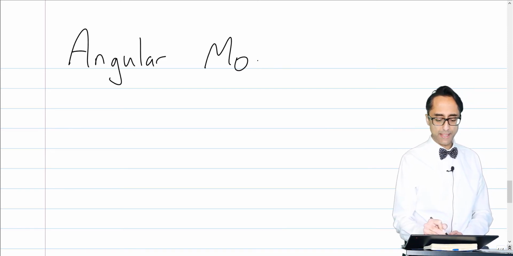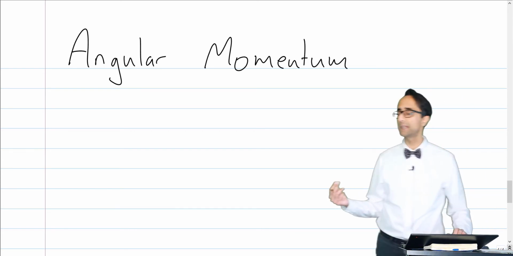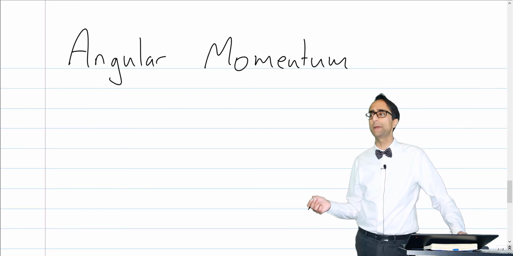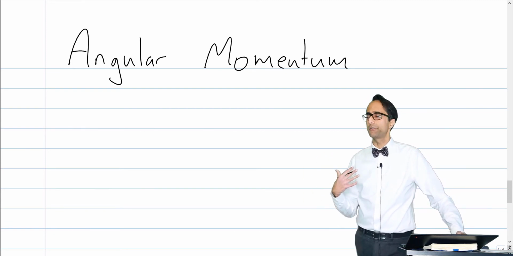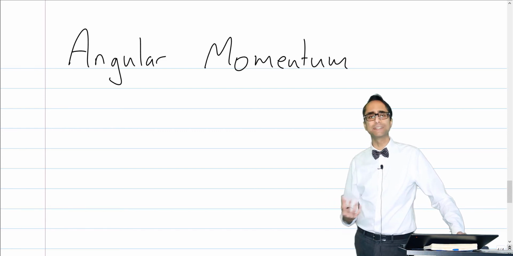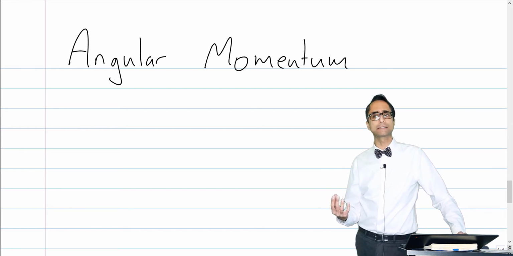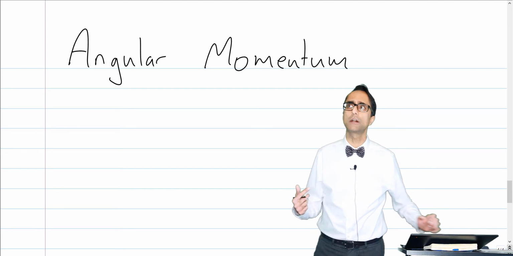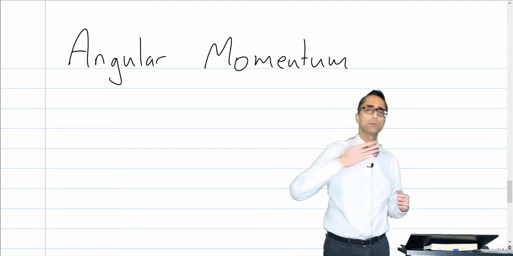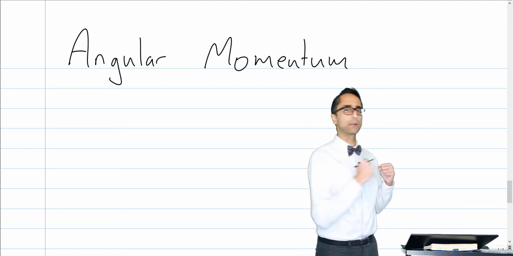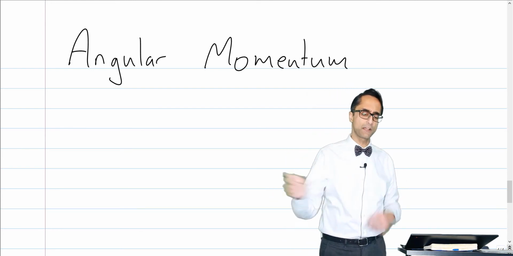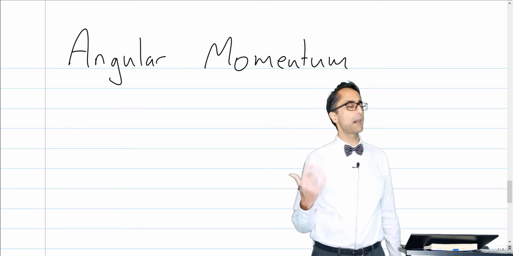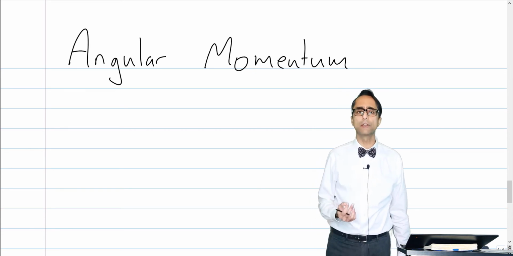And you can imagine what angular momentum is fairly easily by conceptualizing the idea of momentum itself. We've talked about momentum as this combination of mass and velocity. So the faster something goes, the more massive it is, the more momentum it has. Now, if my object is not moving with some linear velocity, but in fact spinning around, well then, I suppose if I spin faster, then I will have a greater angular momentum.